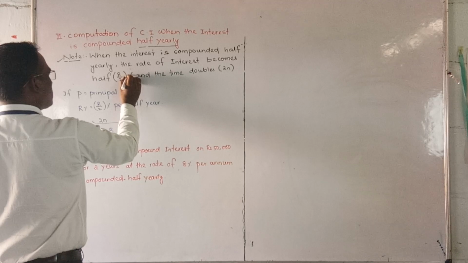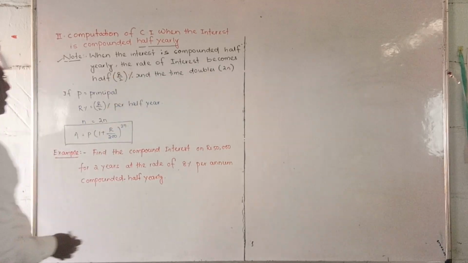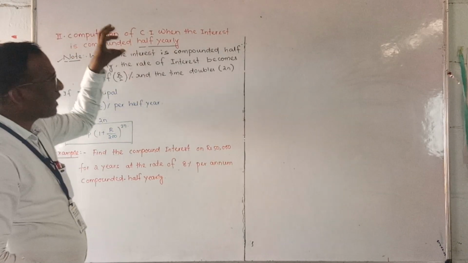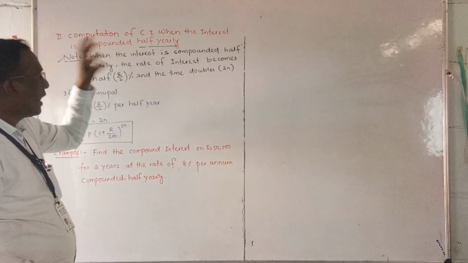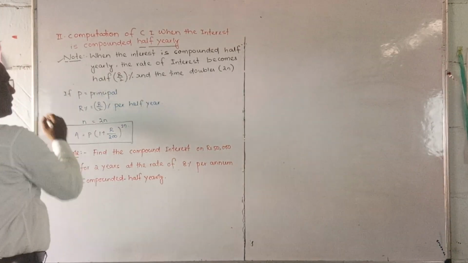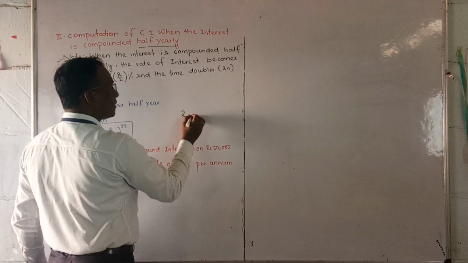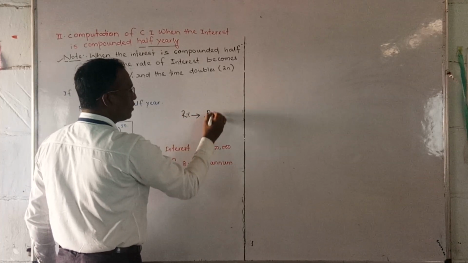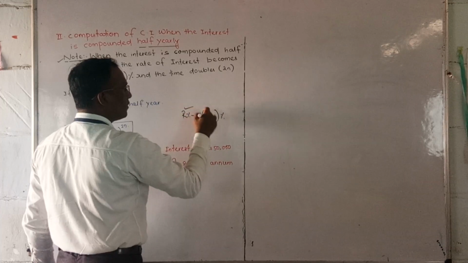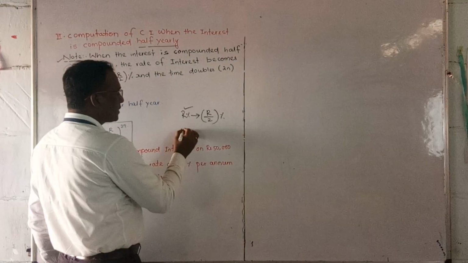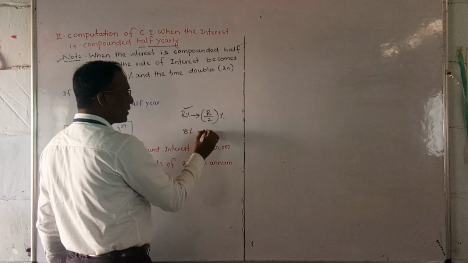If we are finding half yearly compound interest, at that time the rate of interest becomes half. Whatever our actual rate of interest R is, it will become R by 2%. Suppose the rate of interest given is 8%, then 8 by 2 is equal to 4%.